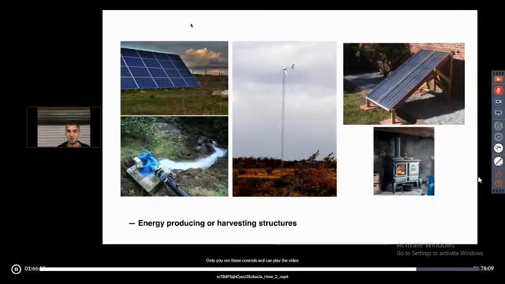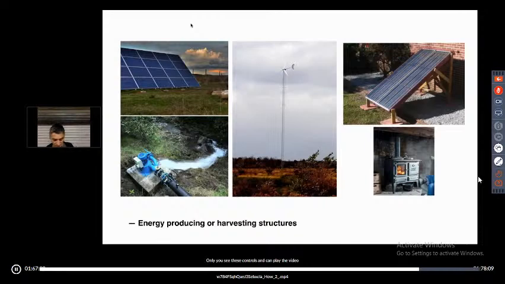The second would be energy producing and harvesting structures. There are, of course, people trying to generate their own electricity, and sometimes you can afford it, sometimes you don't, but sometimes you can just start small, and sometimes you just have different sources available to you.